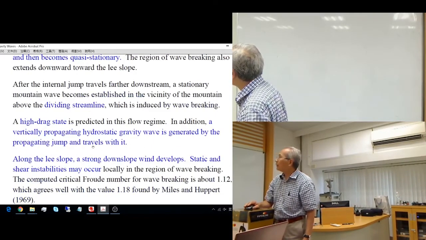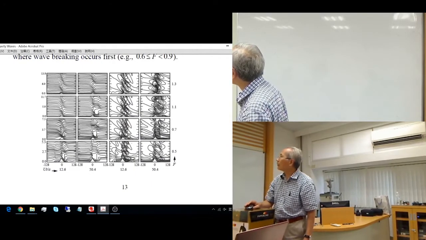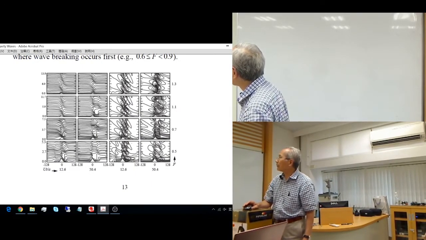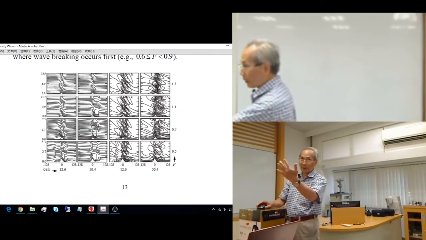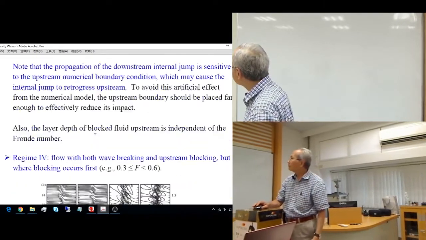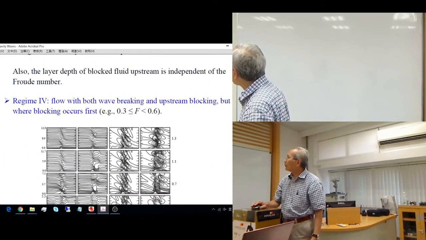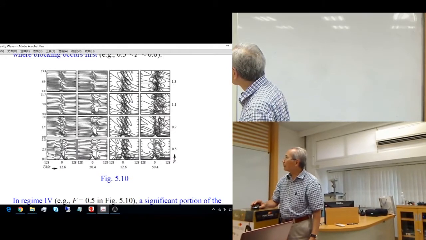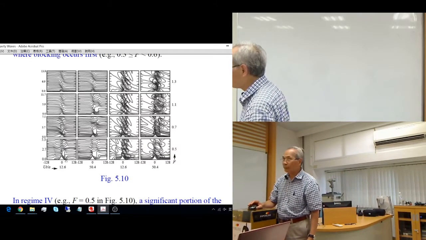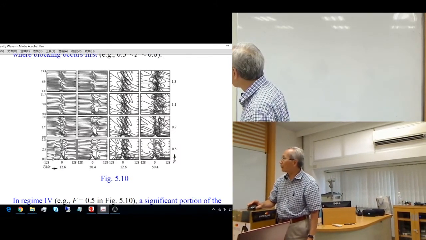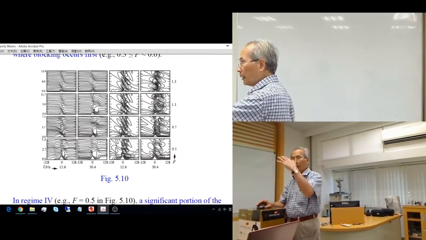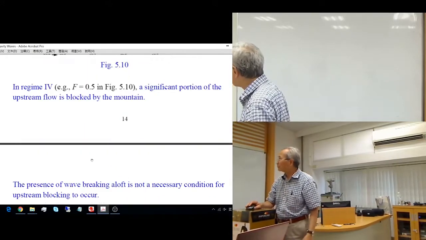And regime 3, the hydraulic jump is stationary, it doesn't propagate downstream. And regime 4, that's kind of strong breaking. So you can see the flow coming in will be blocked by the mountain. It cannot go over the mountain.